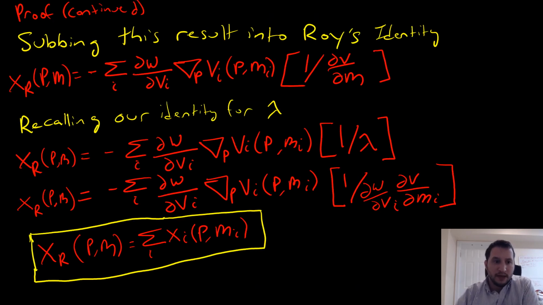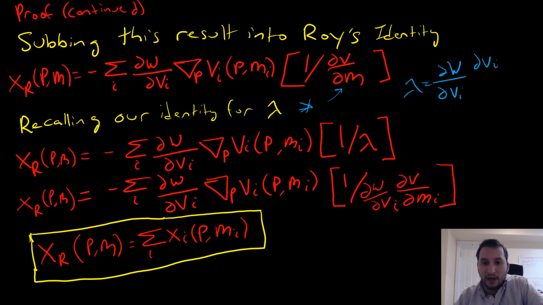Substituting this result into Roy's identity, we get the following result. This is the crux here. We recall our identity for lambda, because lambda could be equal to this expression up here, but it's also equal to this, V_i as a function of M_i. So we abuse this as an equality between the two.